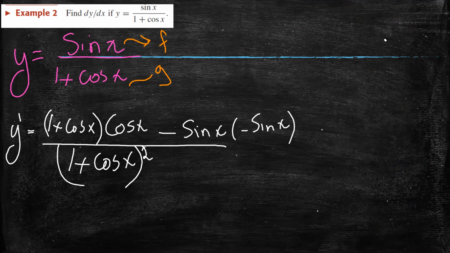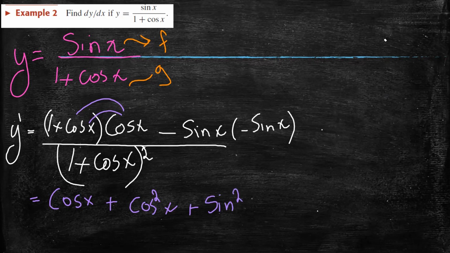Then let's simplify it. Cosine x plus cosine squared x using the distributive property. Minus times minus is a plus, sine squared x, over 1 plus cosine x squared.